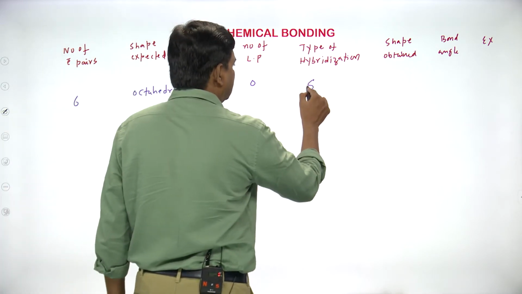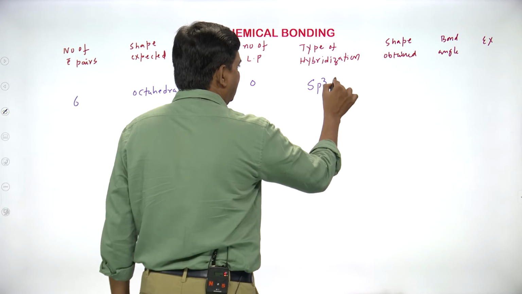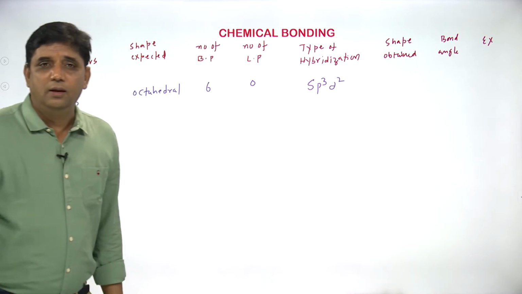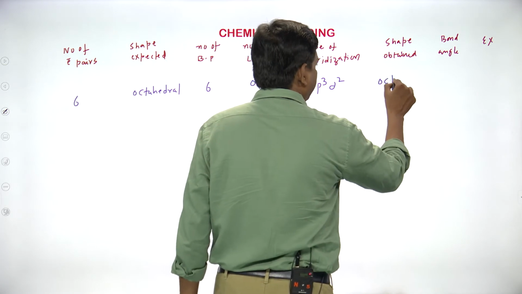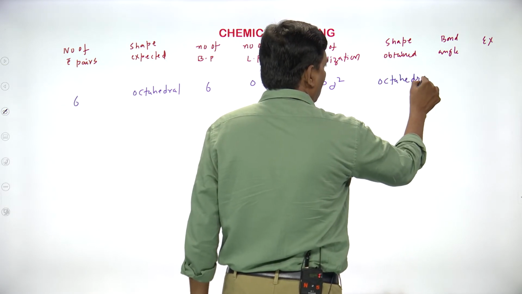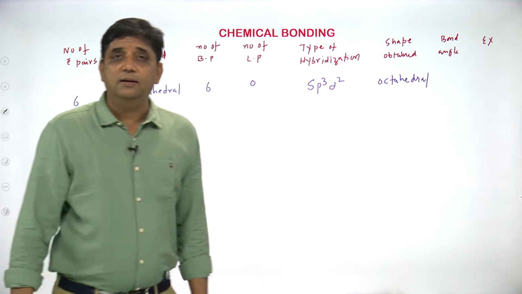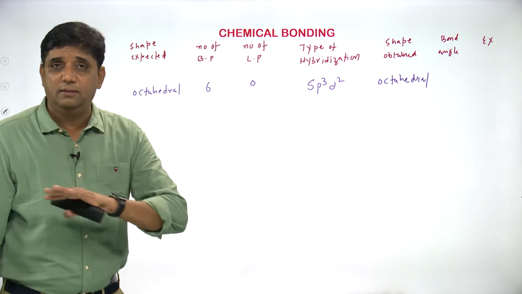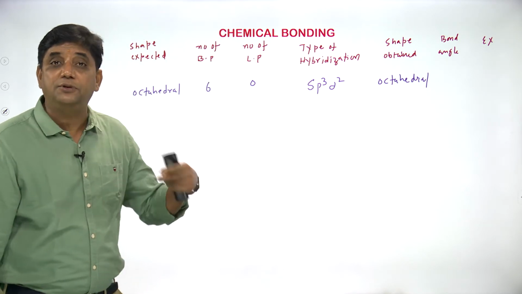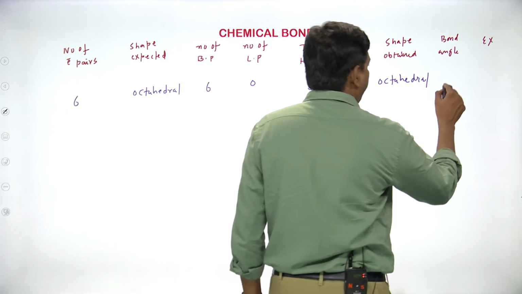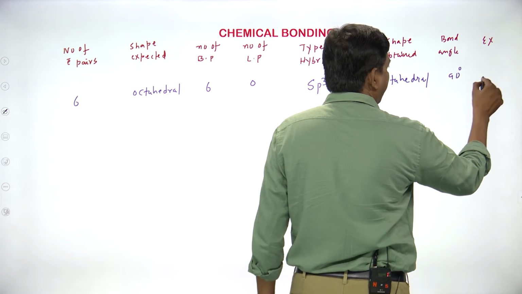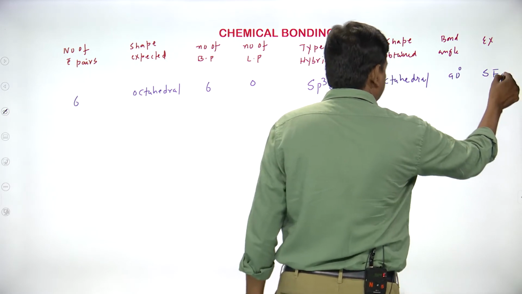Hybridization would be sp3d2, and the shape obtained is octahedral only. Because there are no lone pairs of electrons, the shape obtained would be exactly the same as the shape expected, and the bond angle would be 90 degrees, and the example is SF6.